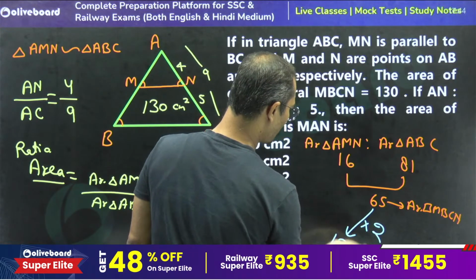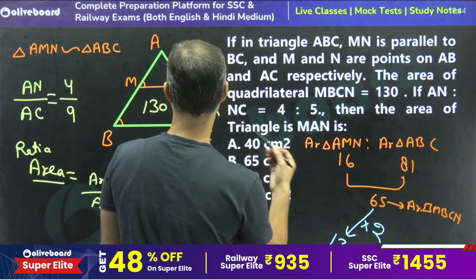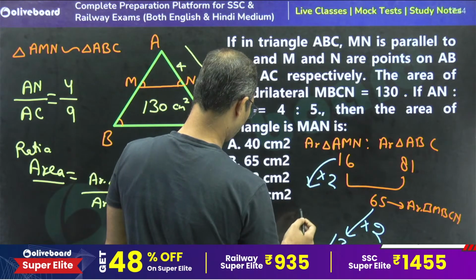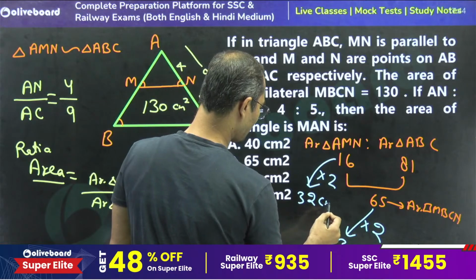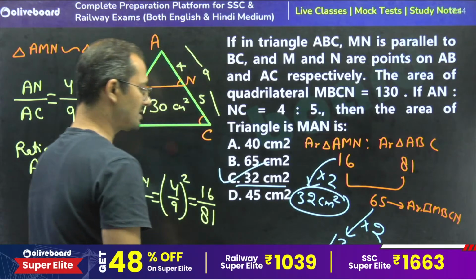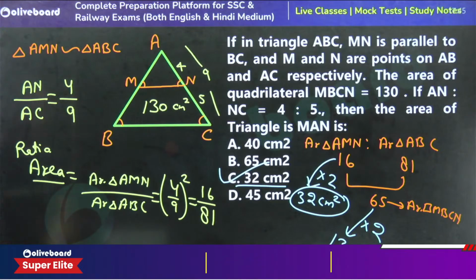How many times? 2 times, right? The question is asking area for AMN, so area for AMN is equal to 2 times 16. So we can say that 32 centimeter square is the right answer. C part is the right answer. Yes, 32 centimeter square is the right answer.